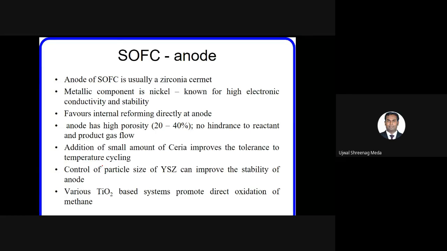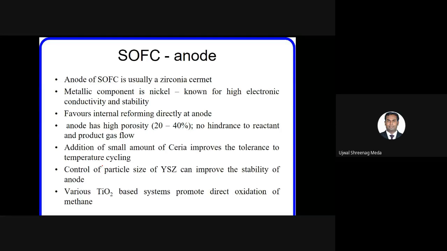So what is this temperature cycling? It is nothing but the changes in temperature because of start-stop cycle. The material should reach a temperature of 1000 degrees centigrade all the way from room temperature. Again, for reasons if it is stopped, it will be cooled back to room temperature. This is known as temperature cycling.